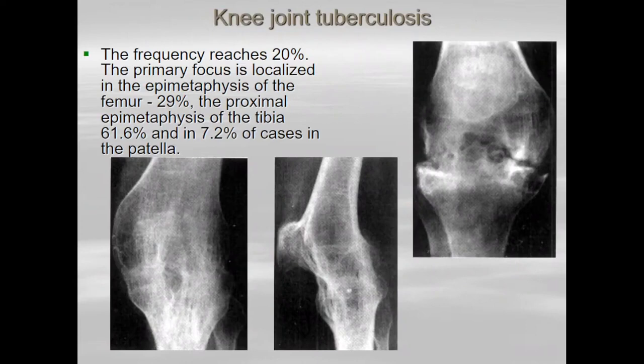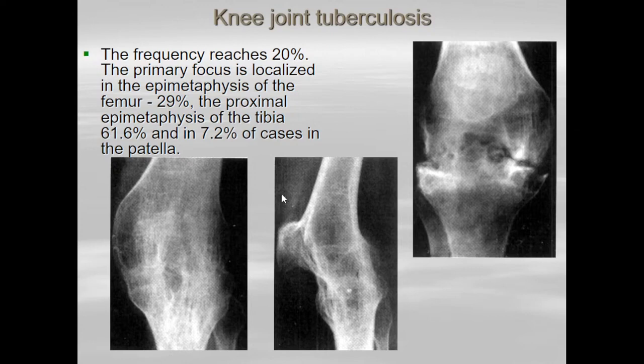Knee joint tuberculosis. The frequency reaches 20%. The primary focus is localized in the epiphysis of the femur, 29%, the proximal epimetaphysis of the tibia, 61%, and in 7% of cases in the patella.